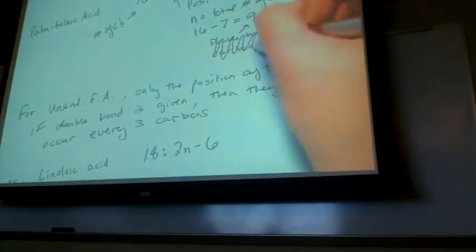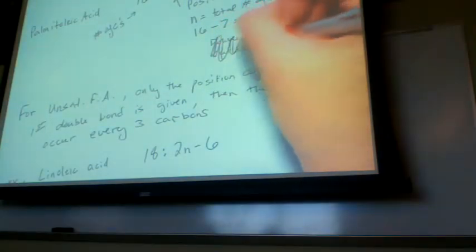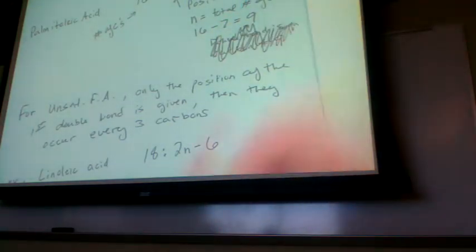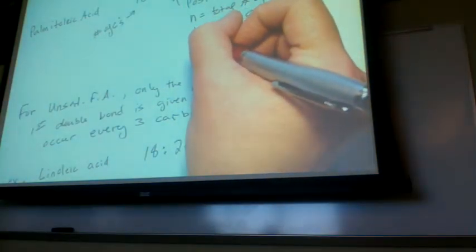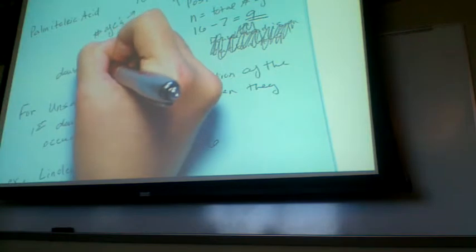Sorry, 12. I do this every second year. I think I changed my notes to fix this. So 9, what that means is that the double bond is 9 away from the end.